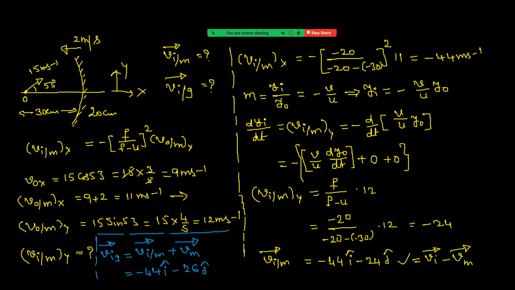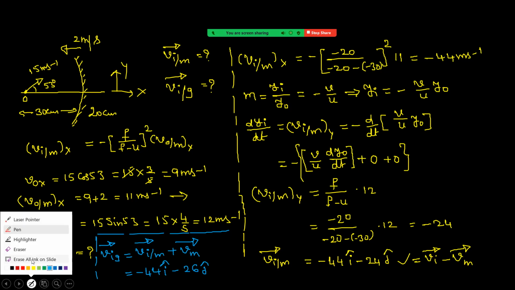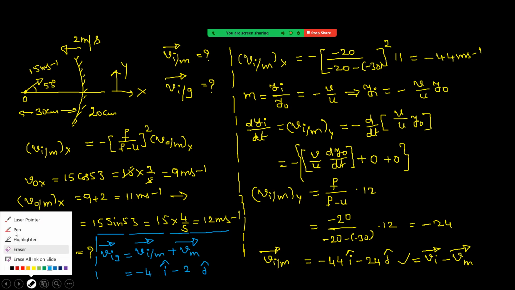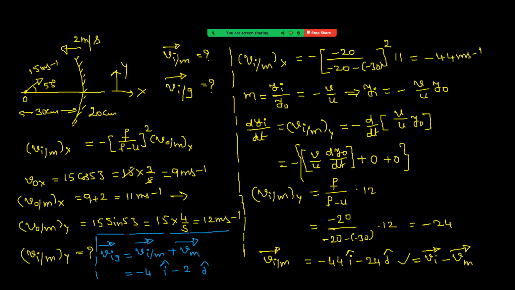See carefully, wait, sorry. It is along x-axis, right? Sorry, because mirror is having velocity along the x-axis, so we have to add to the x-axis. It becomes now 44 plus 2, 46. 46 i cap and 24 as usual, 24 j cap. This is now with respect to ground.